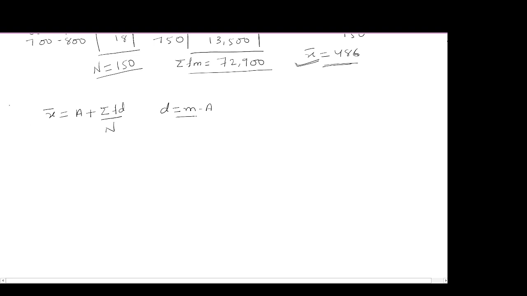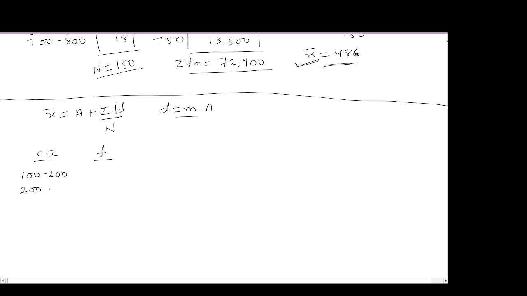Now once again, we'll prepare the chart. Class interval, frequency, I'm writing as it is. Class interval is 100 to 200, 200 to 300, 300 to 400, 400 to 500, 500 to 600.